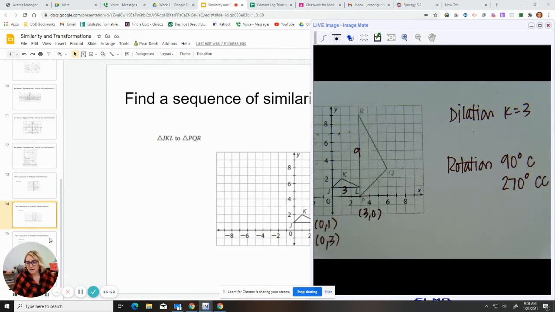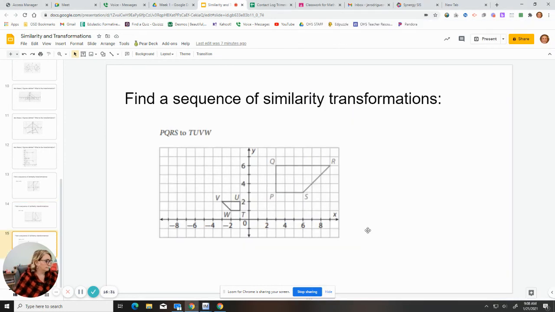Okay. Let's look at another one. Again, the very first thing that you should notice on this one is that we're going from a bigger figure to a smaller figure. So you know there has to be a dilation, and it has to be a dilation that is a fraction. And then we're moving and reflecting.